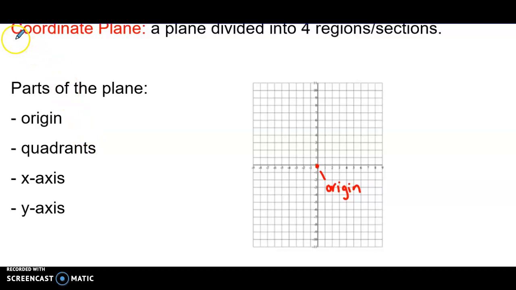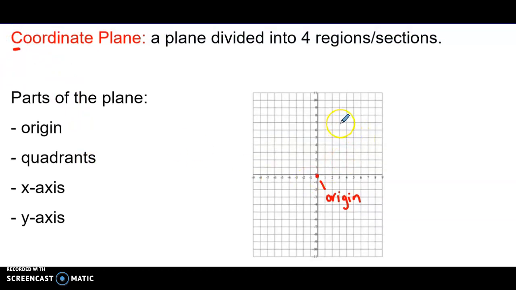Since coordinate plane starts with the letter C, I'm going to draw the letter C on my coordinate plane. See how I had to start here in this quadrant to draw the letter C? That is quadrant 1.